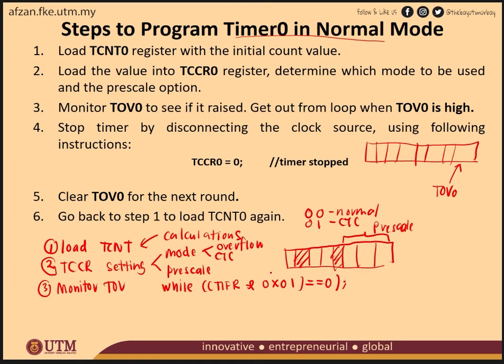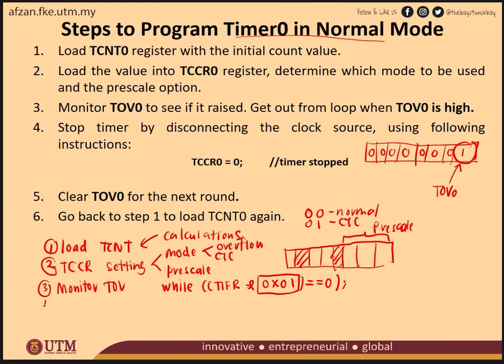If equal to 0, I will keep monitoring. If equal to 1, I will exit from this loop. So that's why I put the value 0 0 0 0 0 0 0 1, because I want to monitor this TOV0 flag. This value you need to change according to what you're going to monitor.